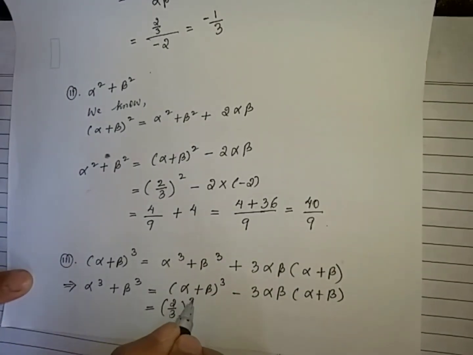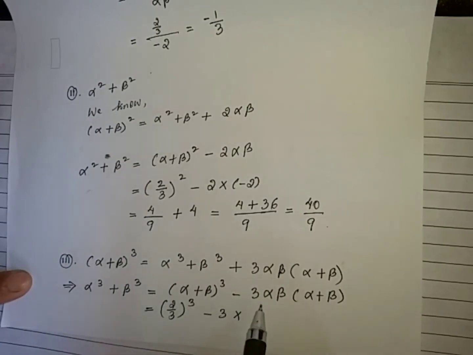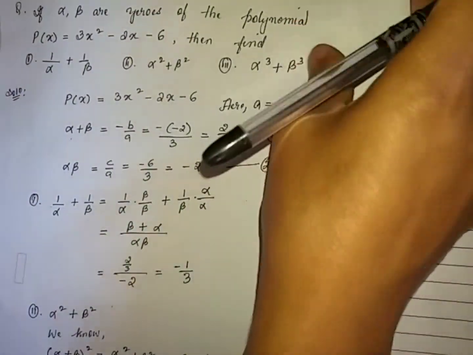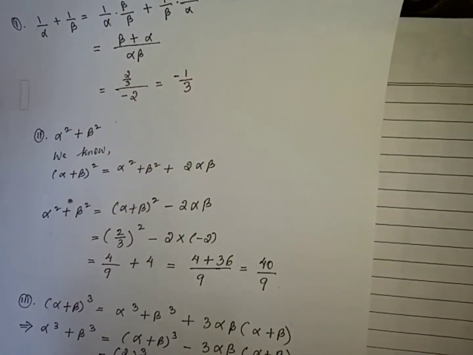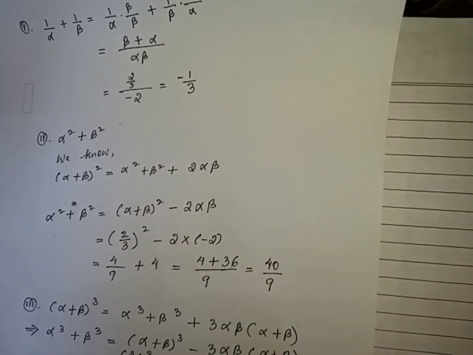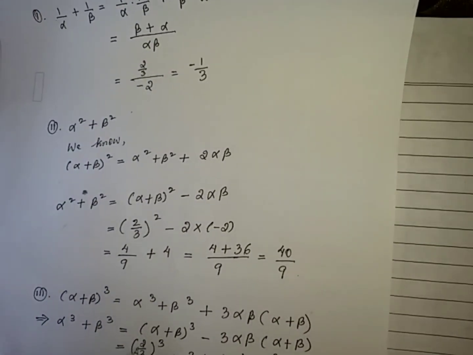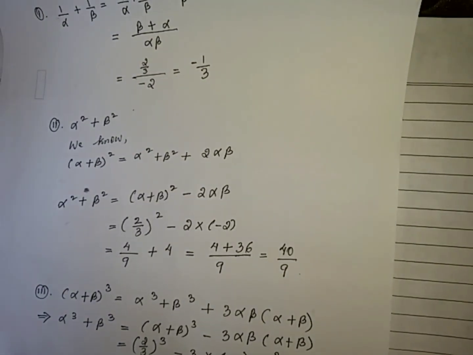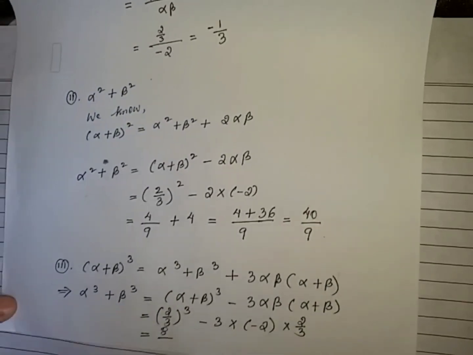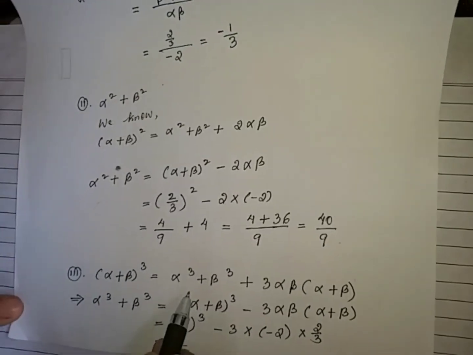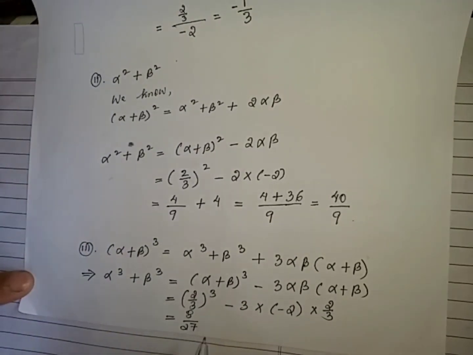Then whole thing cube minus 3 into alpha into beta, which is minus 2, into again alpha plus beta, which is 2 by 3. 2 to the power 3 is 8, 3 to the power 3 is 27.